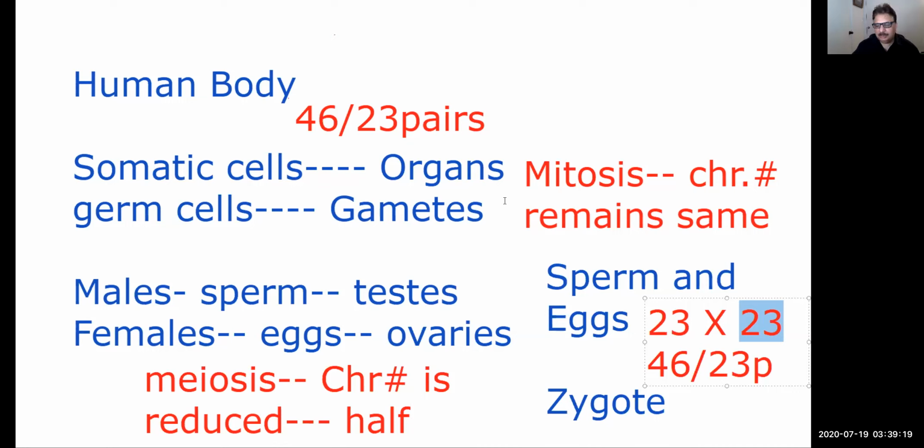From one generation to the next, the chromosome number is maintained. So if meiosis goes wrong, the number of chromosomes from one generation to the next is changed, and that will be a problem. So meiosis is for generational inheritance, and mitosis is mainly for maintenance.